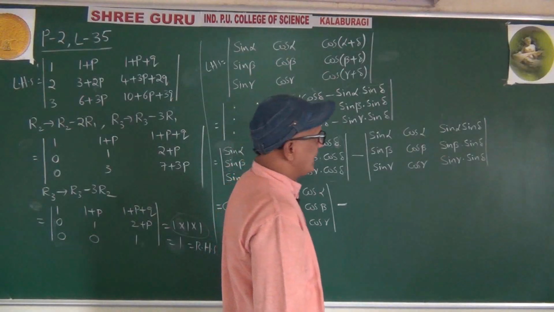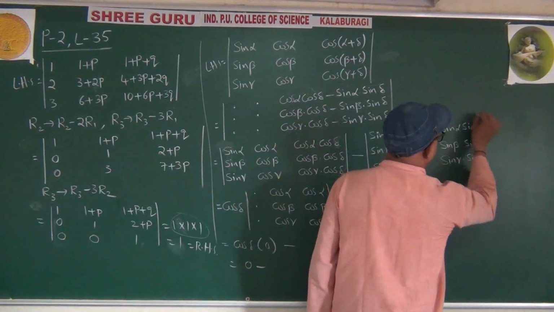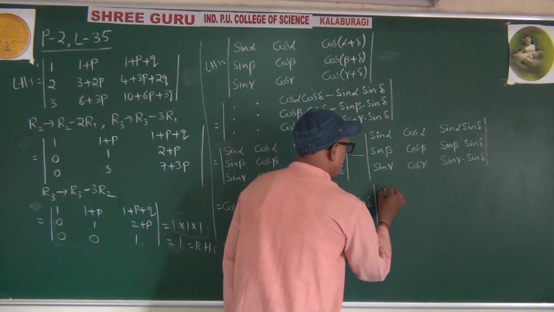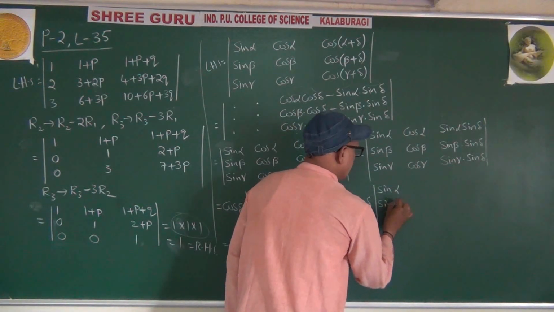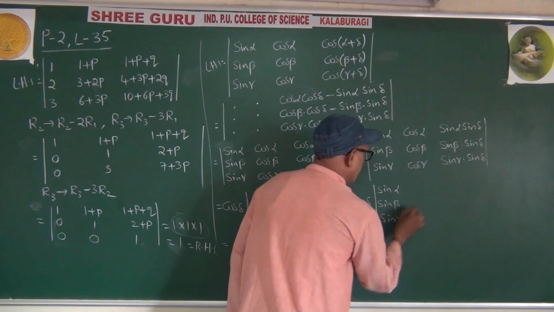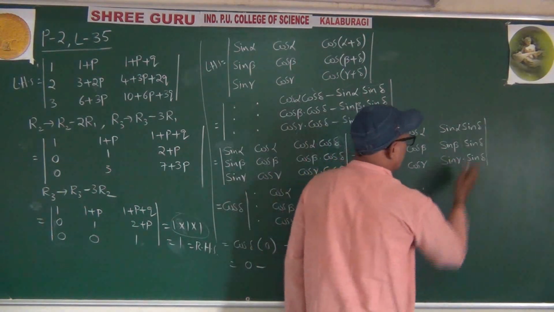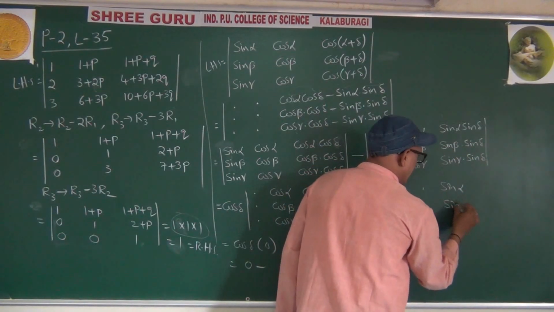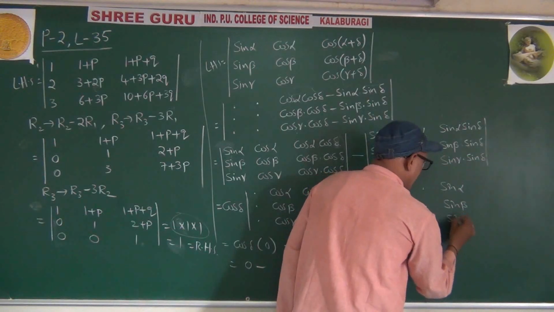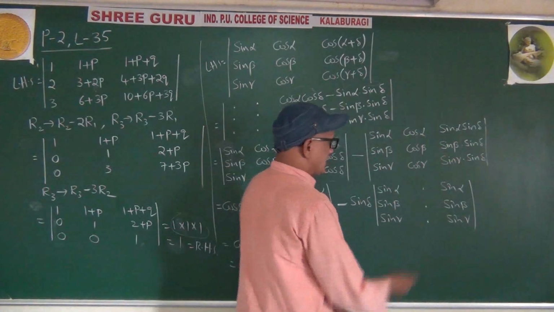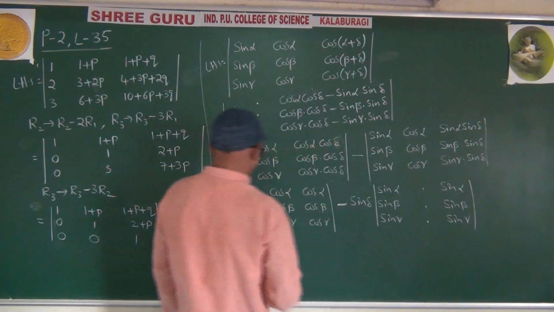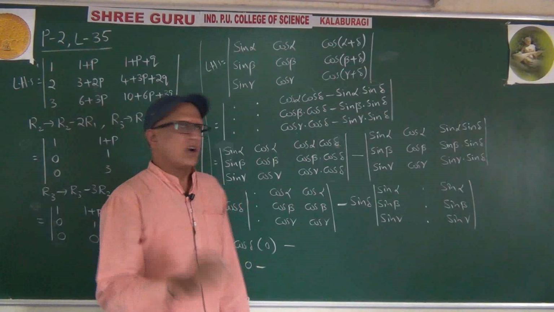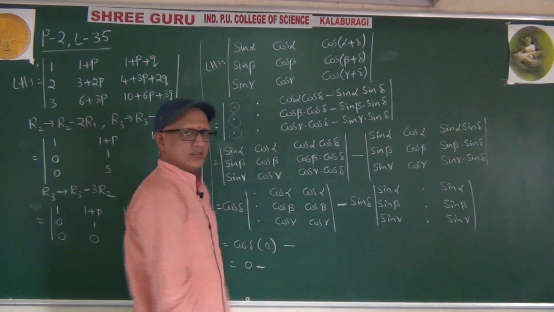Coming to see this one, what is common in the last column? Sin delta is common. I am taking sin delta common. First row will be as it is, sin alpha, sin beta, sin gamma. Second column as it is. Third column, sin delta went out, leaving sin alpha, sin beta, sin gamma. In the examination, you don't put dots and don't put rangoli like this.